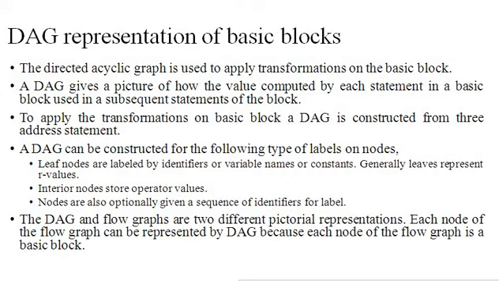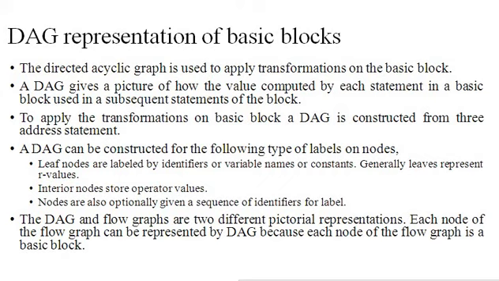So a DAG can be constructed for the following types of labels on nodes. First, leaf nodes are labeled by identifiers, variable names or constants. Generally, leaves represent R values. Second, interior nodes store operator values.